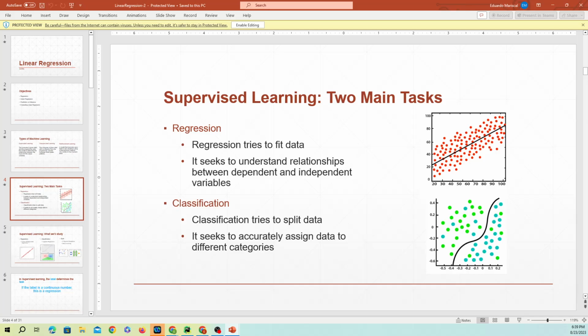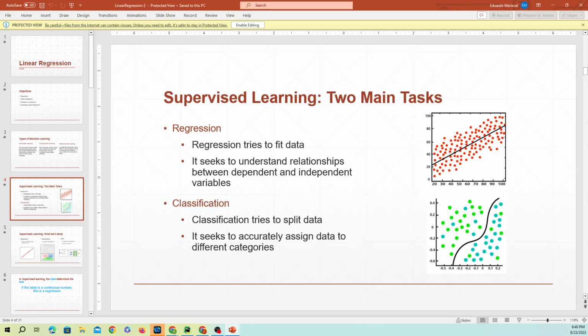If you have a classification, that means your supervised learner is going to try to split the data. It seeks to accurately assign data to different categories. So what does that mean? It means the data is what we call discrete. For example, it could be a cat or not a cat, or a cat or a dog, or a cat, dog, or a bird.